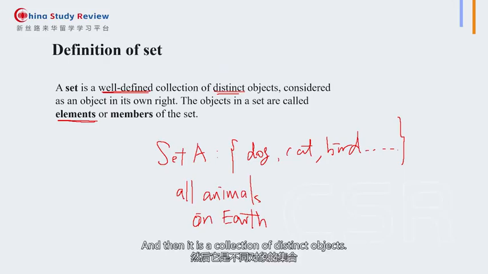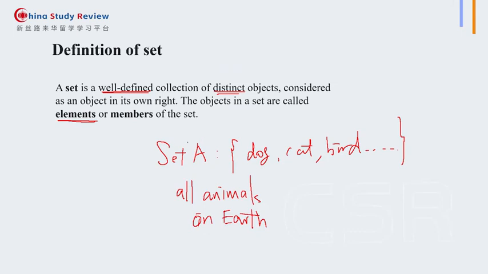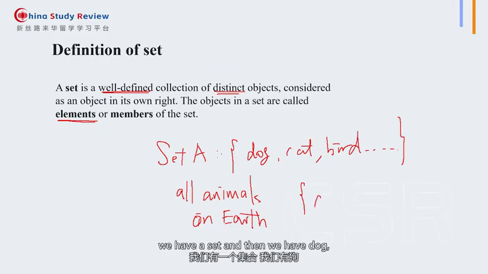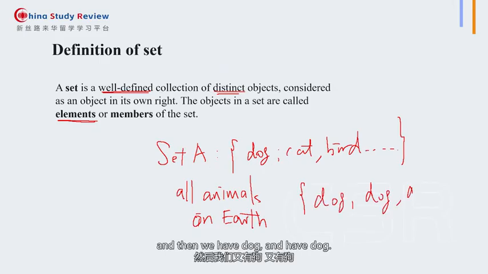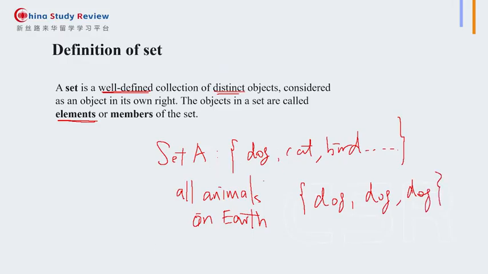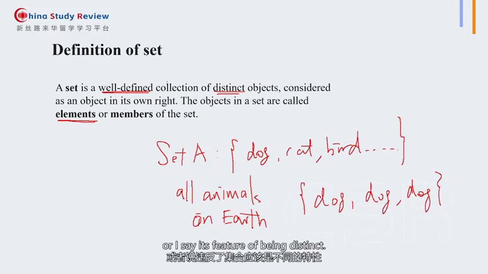And then it is a collection of distinct objects. Distinct means that the elements should be different. For example, we cannot have a set with dog, dog, dog. A set like this violates the feature of being distinct.